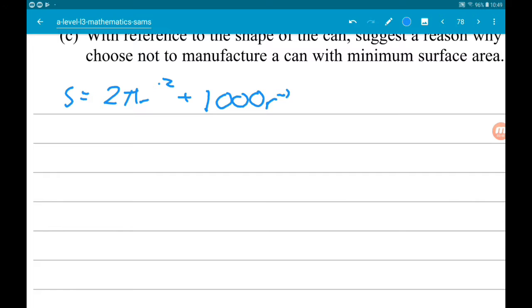so then dS by dr is going to be 4 pi r minus 1000 r to the minus 2. Now I'm going to write that back in fraction form. So that's minus 1000 over r squared.